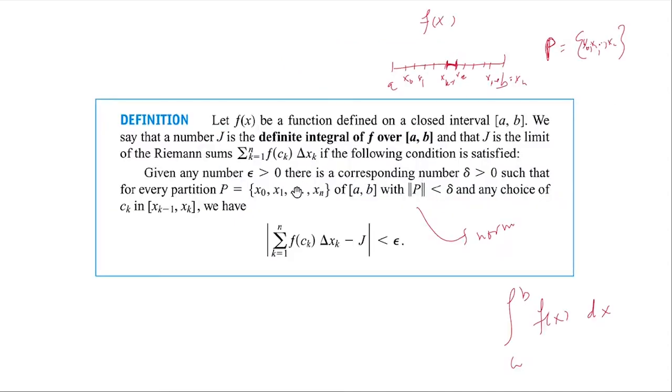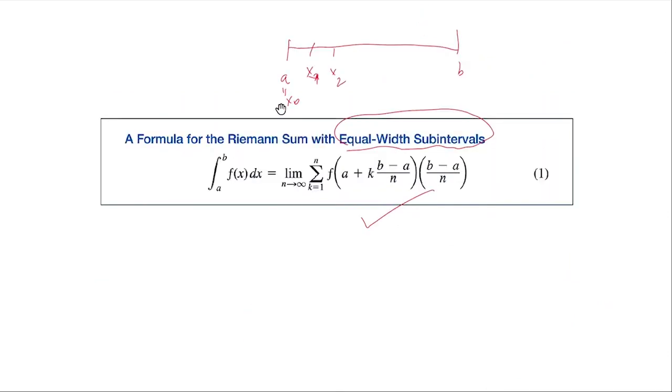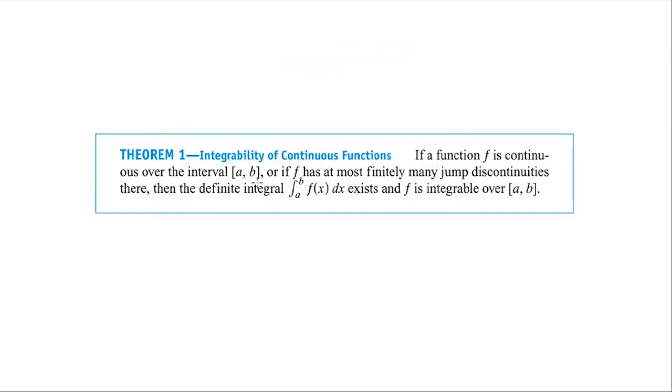Here in this case, the length of this subinterval, this del xk, depends on which subinterval you are talking about, so this length varies. But if you are talking about equal width subintervals, then this definite integral is equal to this limit of the Riemann sum. You just have to plug in the values of a, b, and k and find out the sum and then the limit of that sum. That's how you find a definite integral.